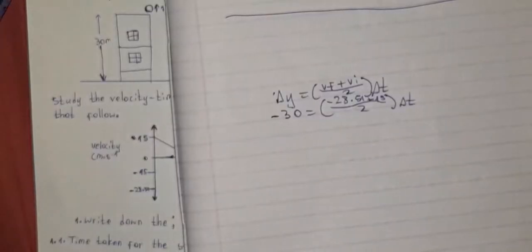So let's find the value of here and then divide it into 30. Let me say negative 28.51 plus 15 over 2. I get a value of negative 6.755.